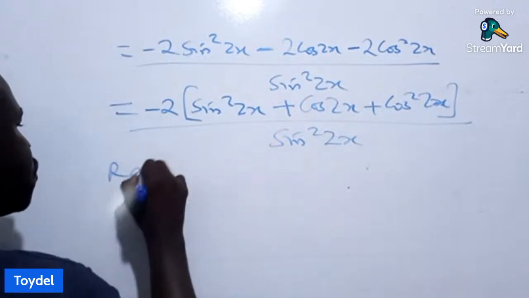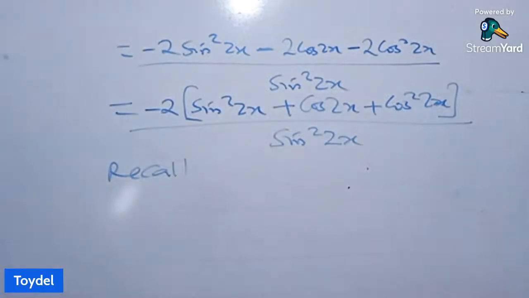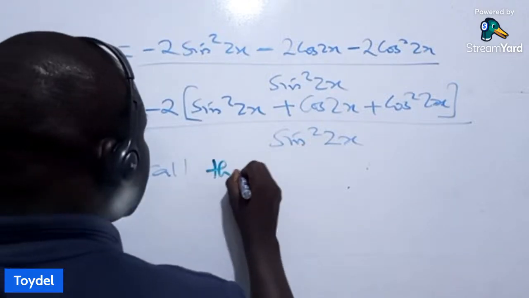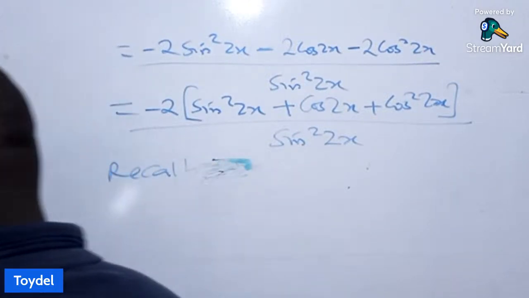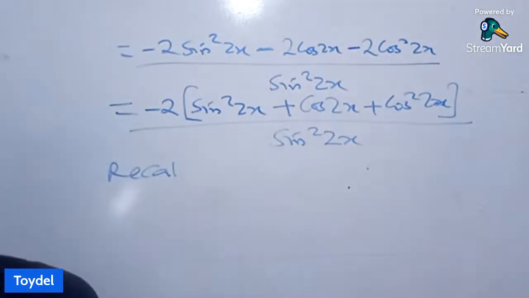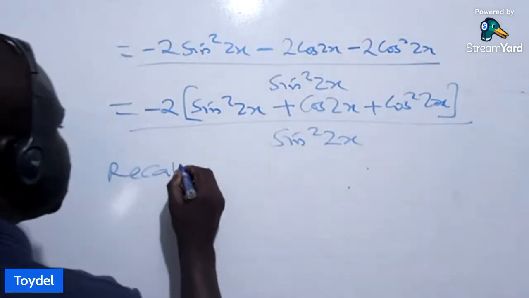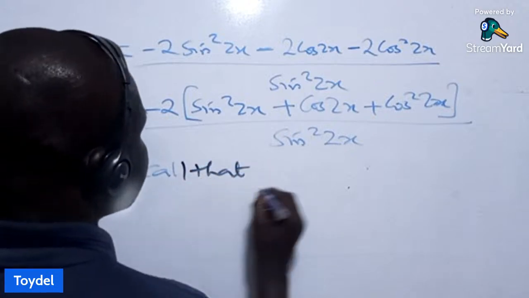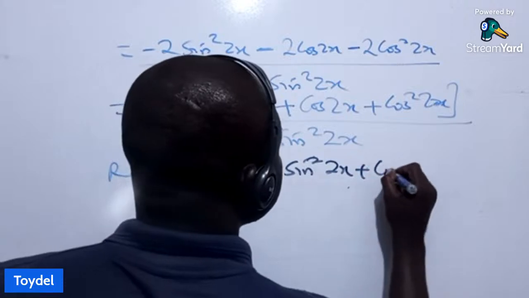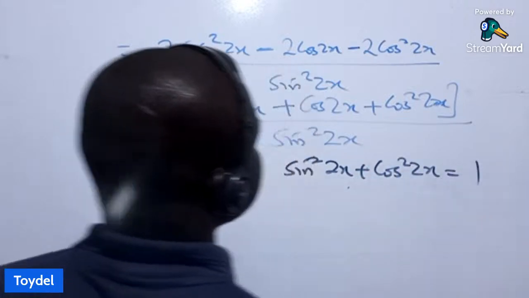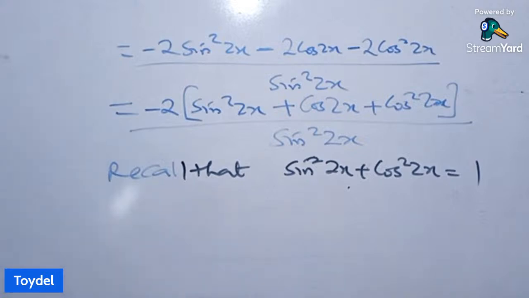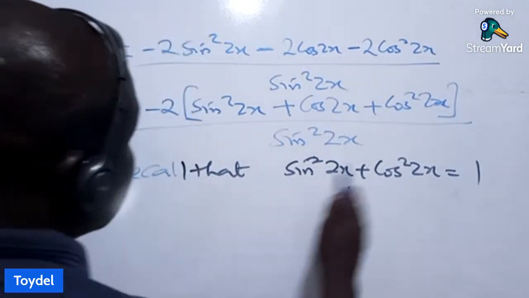We now recall that sin square 2x plus cos square 2x is equal to 1. That is from the fundamental identity.